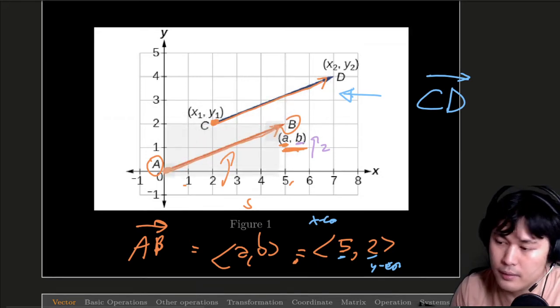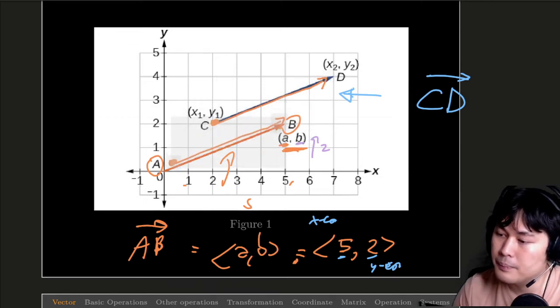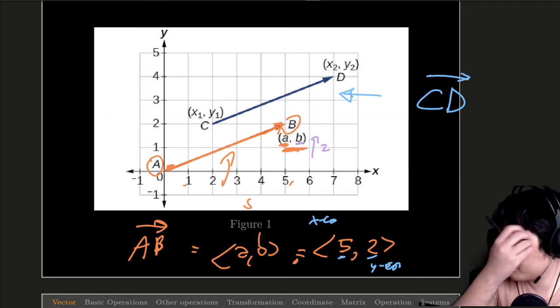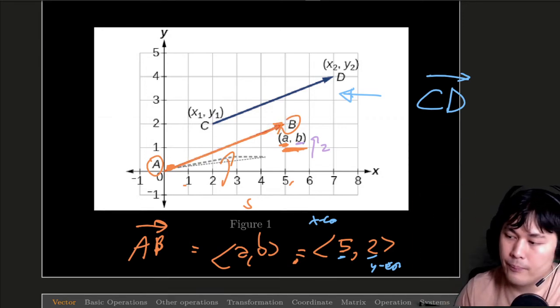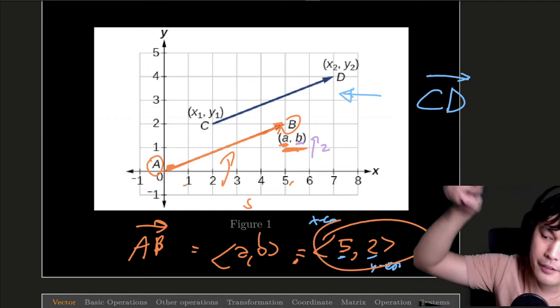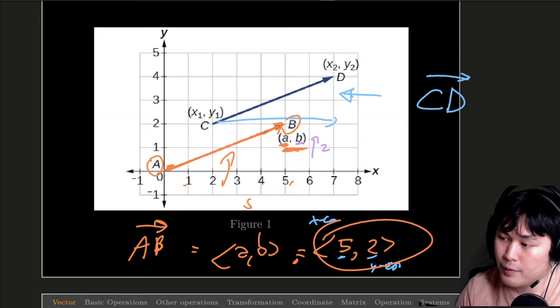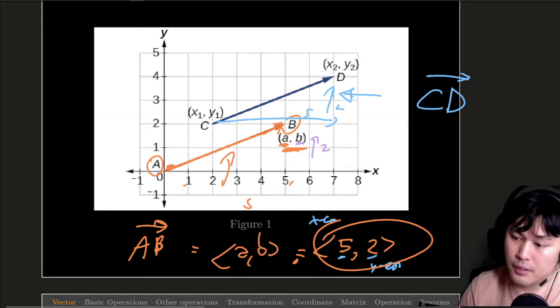These two vectors describe the same movement. It moved from the initial point to the terminal point by moving 5 steps to the right and 2 steps up. It also moves 5 steps to the right and 2 steps up. So these two vectors represent the same vector.